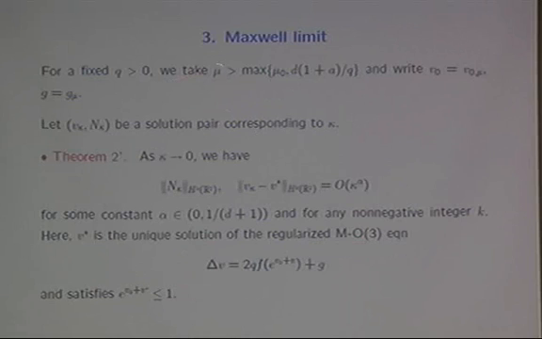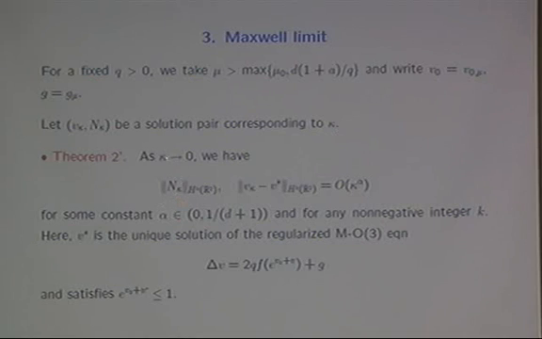The second topic is the Maxwell limit. For fixed q, we take a large mu and fix it, and write v0 mu and G mu, and let v kappa and n kappa be a solution pair corresponding to kappa of the regularized equation.